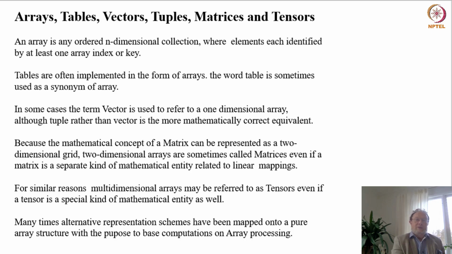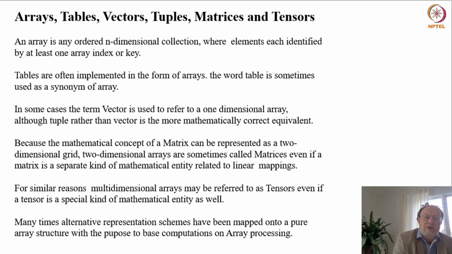It's an ordered n-dimensional collection of items, where these items or elements can be identified by one index or synonymously by a key. Many times the word table is used synonymously for array, and if you conceptually have what you think is a table, it's very straightforward to map that onto some kind of array.